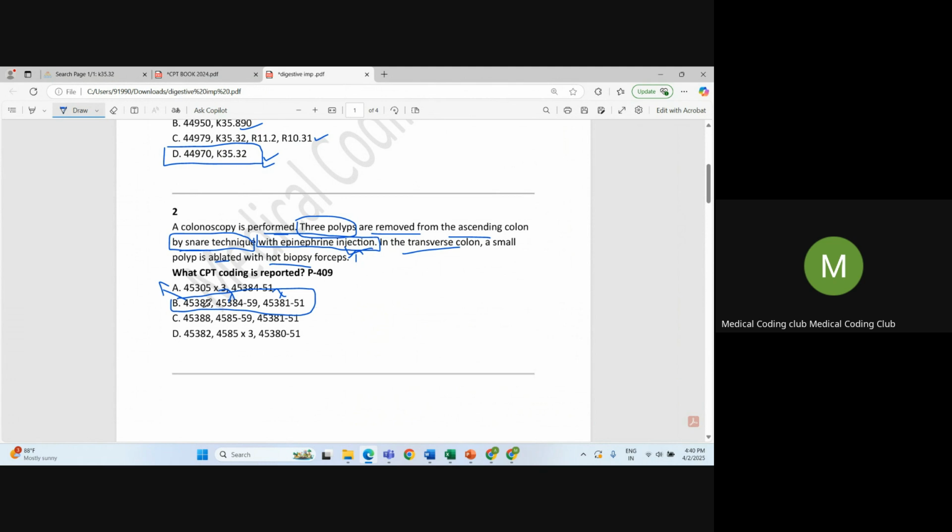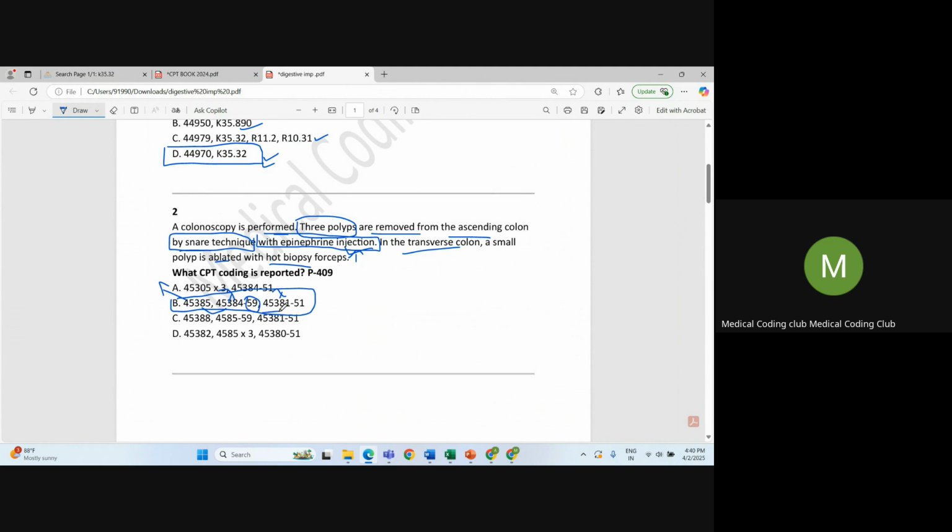Since these two are techniques, we are utilizing the 59 modifier to distinguish between two same procedures with different techniques. Removal of polyp is the same procedure, but how they are removing is different: one using snare technique and one using hot biopsy forceps technique. That's why you should use the 59 modifier to distinguish between those two procedures.